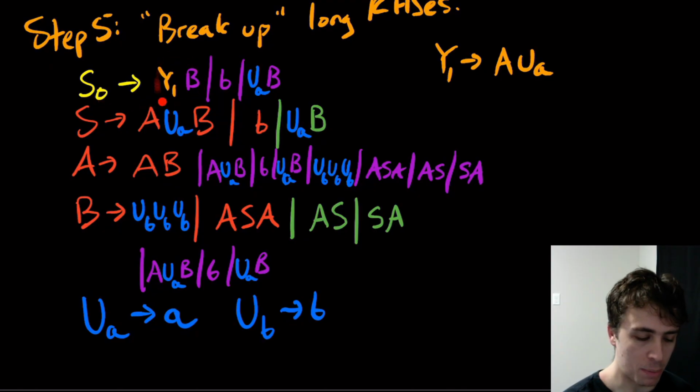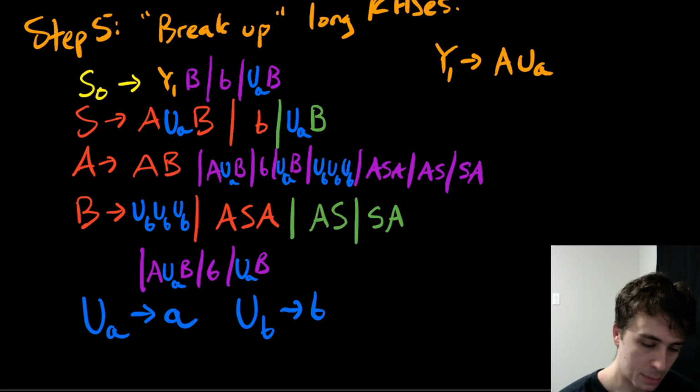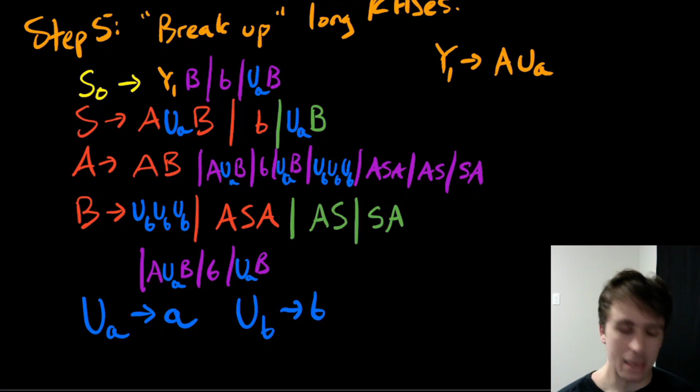So if I wanted to apply this rule, the only thing I can do is y1 makes those 2 variables, and so therefore we would recreate the original rule that was there. But now this has 2 variables, this one has 2 variables. Okay, so technically what you should do here is to make a brand new variable like y2 that makes a u sub a, but we see that it's already over here.